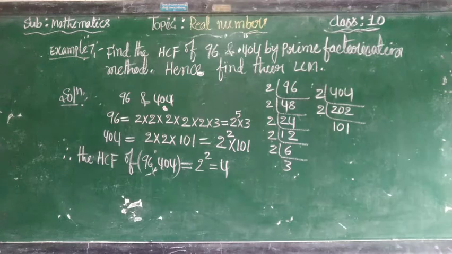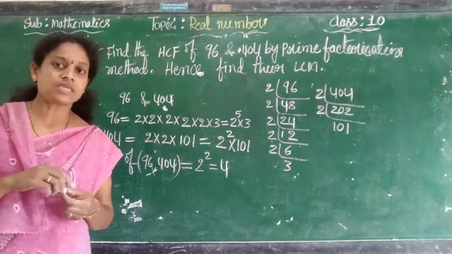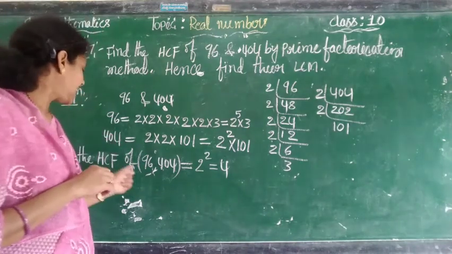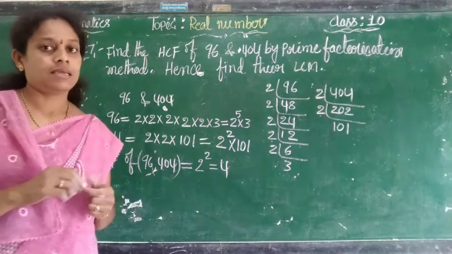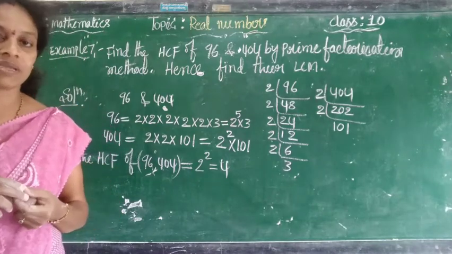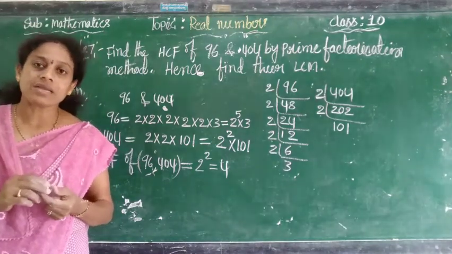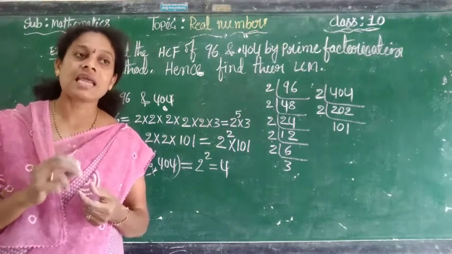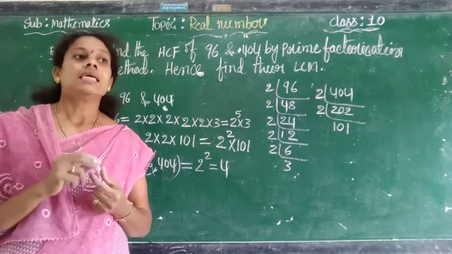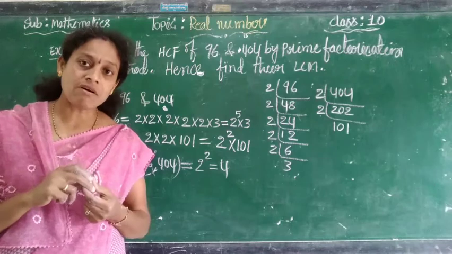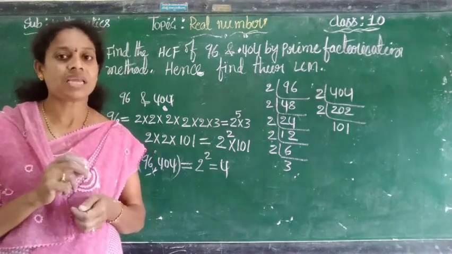For any positive integers a and b, HCF of a comma b into LCM of a comma b is equal to a into b.